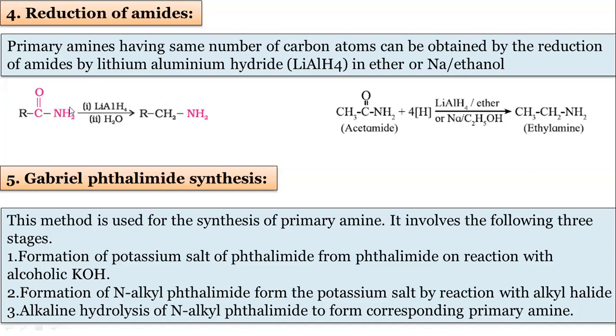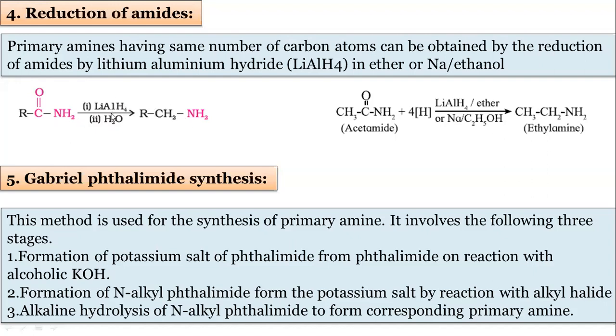If you understand the general reaction, we can solve thousands of questions. The general reaction is very important, how this CO is converted. This CO is converted into CH2 because of this specific reagent, lithium aluminum hydride, which reacts in the first step, and in the second step by acidic hydrolysis we get CH2.